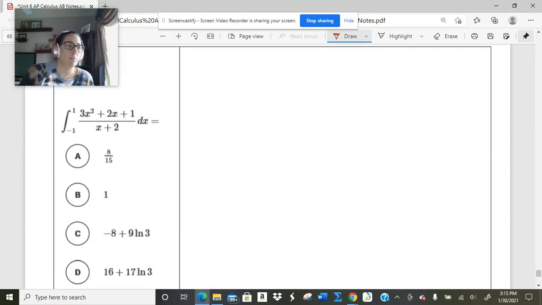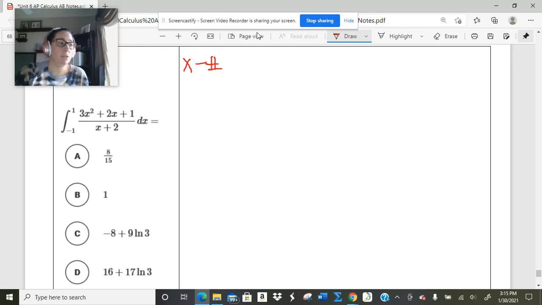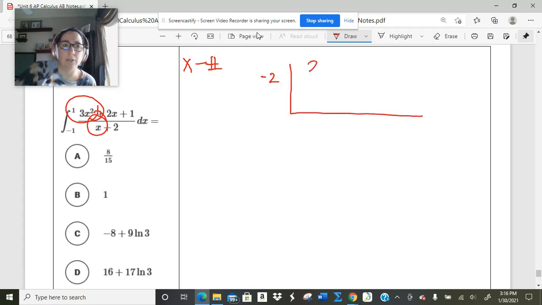Okay, one more that I just wanted to talk about is if you have just the x minus a number, instead of doing long division, you could do synthetic division. We have to do either long division or something because the numerator is bigger or the same. So when you do synthetic division, just wanted to remind you, the 3 drops down, multiply, add, multiply, add.